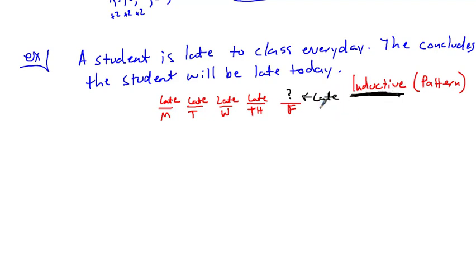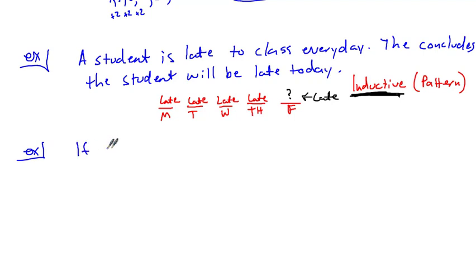This teacher couldn't write this kid a detention before they were late, right? You couldn't say, well, you're late every day, you're going to be late Friday, let me just get that detention filled out ahead of time. So that's why inductive reasoning isn't that good when you're trying to prove something. It's useful. It can help you get somewhere, but it's not going to win you any trials.